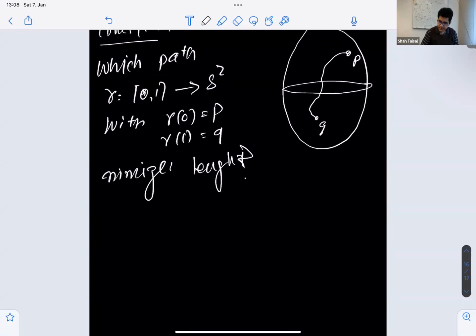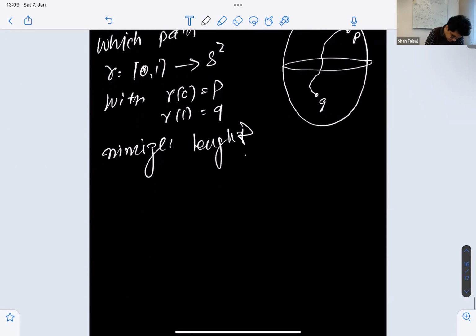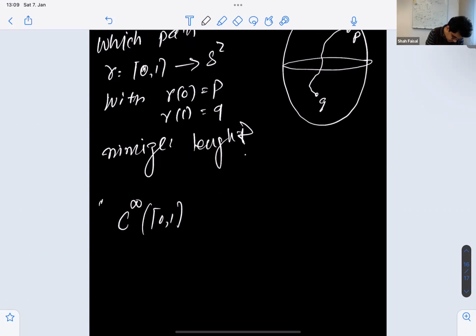Well, you can turn it into a problem of calculus of variations, which I'm interested in talking about in the future. So how can you turn this problem into a calculus of variations problem? Let's define something: C infinity of 0 to 1 to S2. Define this to be maps from 0 to 1 to the sphere.